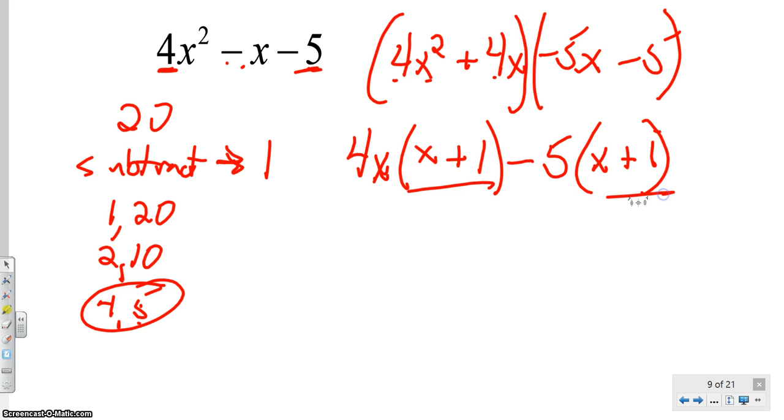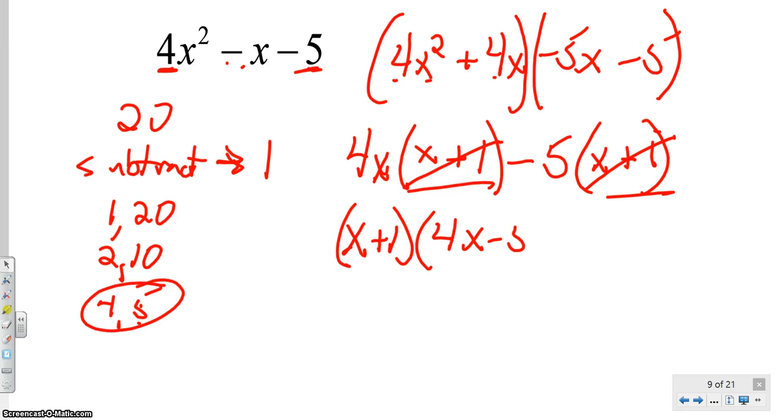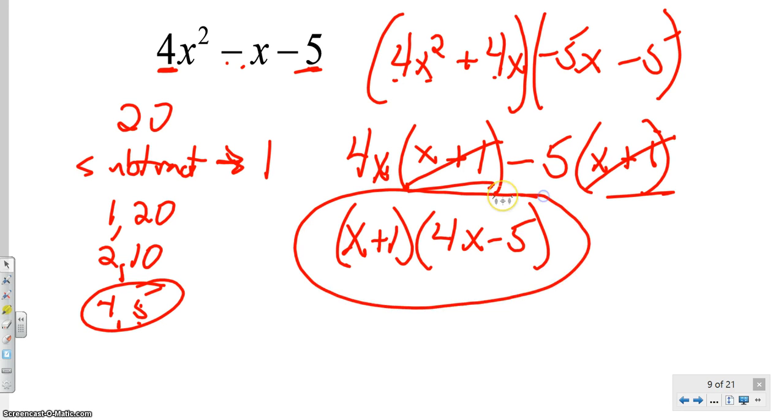These are the same, so I rewrite them. I can cancel them out. So then what's left over, I'll put within its own parentheses: 4x minus 5. And there you go.